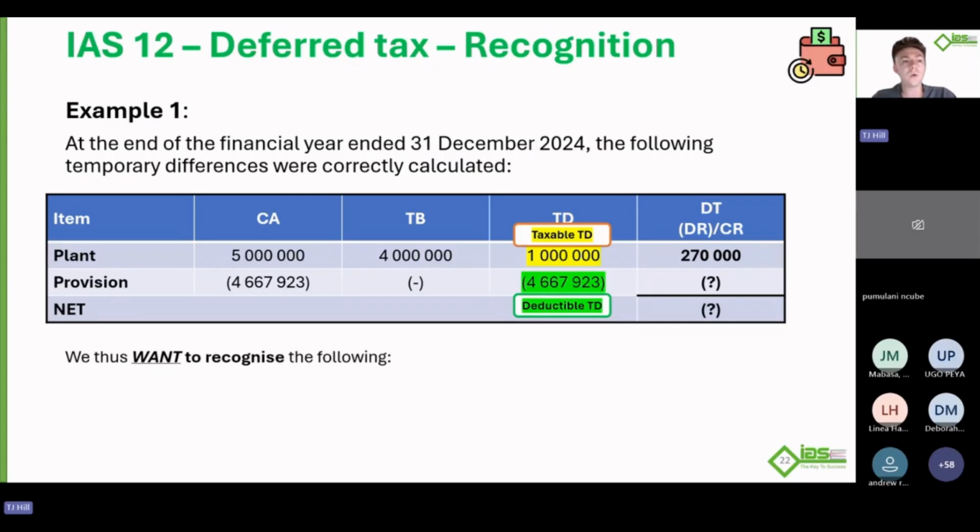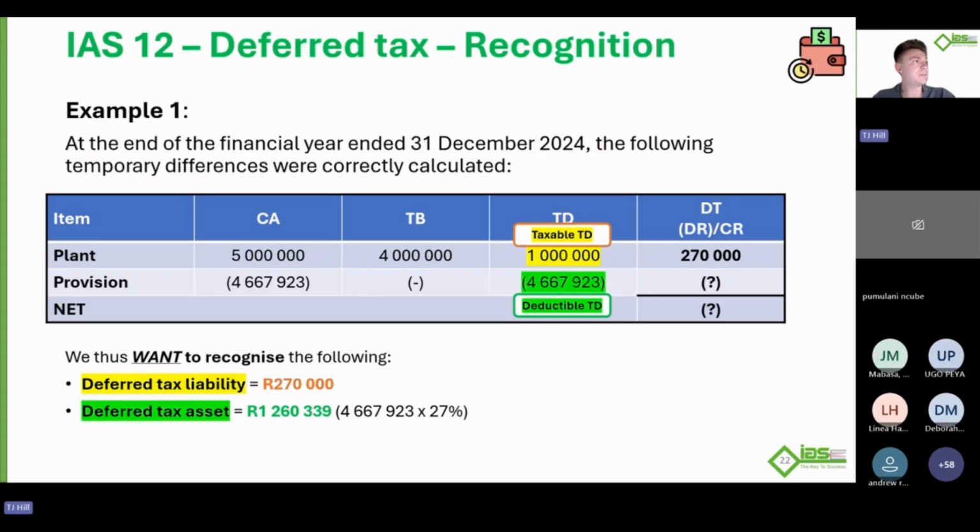So what would normally have happened here? I would have multiplied both of them by 27%. So for the plant, I would have had the 270, and for the provision, the tax effect of that deductible temporary difference of 4.6 is 1.26, which would have given me a net deferred tax asset of 990,000.